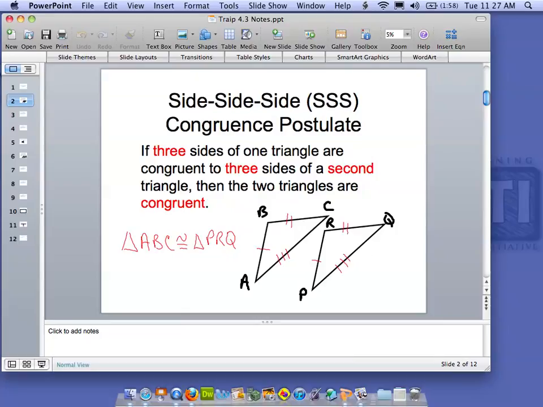So if I start with A and I go along the single notch side to B, I have to also start with P and go along the single notched side to R. Then I'm going from B to C, so I'm going from R to Q. ABC is congruent to PRQ, and that is the only appropriate way to make the statement. You must state the angles according to how they correspond from triangle to triangle.